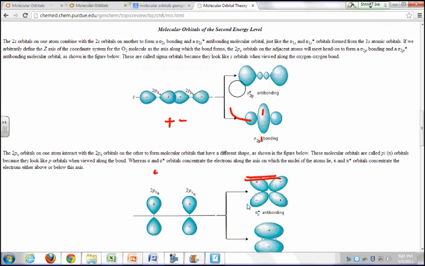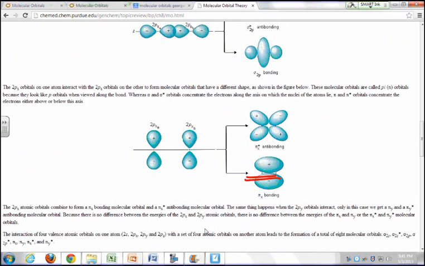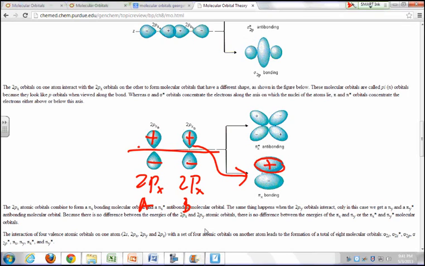Down here you have a diagram that illustrates how you can get pi orbitals from a pair of 2px orbitals. You have a 2px orbital on one atom and another 2px orbital from the other atom. Let's call this atom A and atom B. If they're both positive on the same side and negative on the same side, then you end up with a molecular orbital which is positive on one side and negative on the other side.